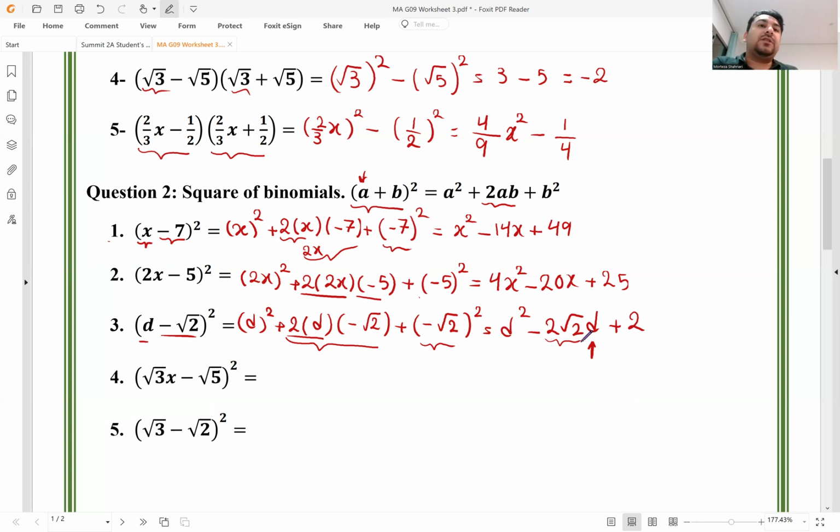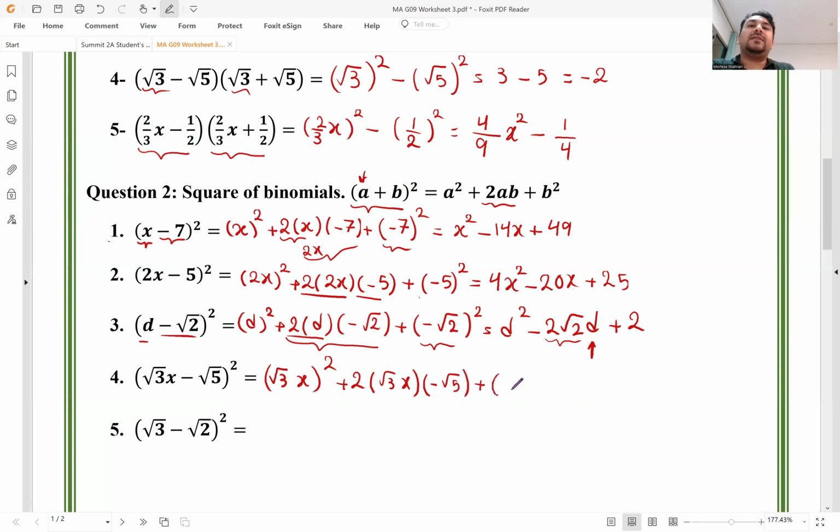Okay, now question 4. Okay, the first term is radical 3x. So radical 3x powered by 2 plus 2 times the first term, which is radical 3x, times the second, which is negative radical 5.